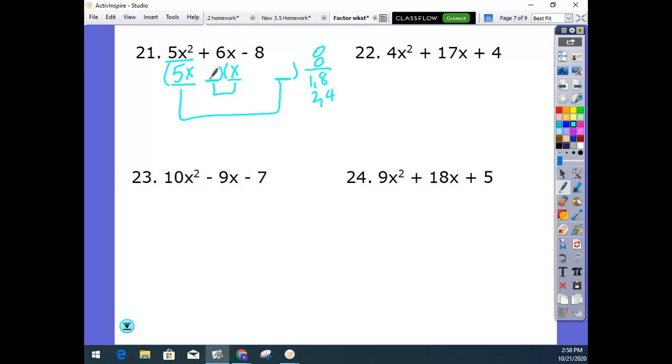Multiply to see what works. Pause the video, try it out. If one doesn't work, switch it. Because this will be 4x and this is 10x. I need to have a positive 6, so my 10 is positive, minus 4 to get positive 6x. So this minus we move up here, this plus we move over here.